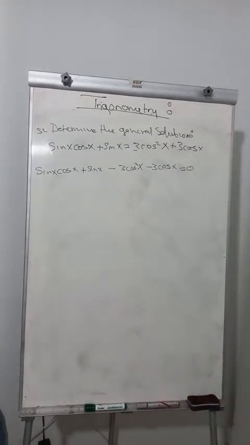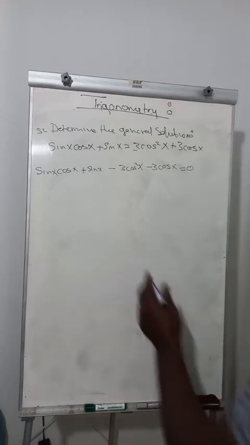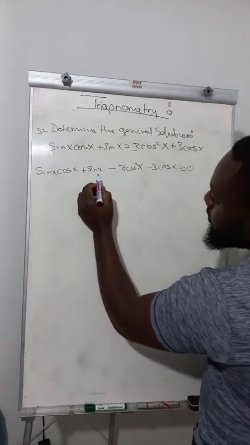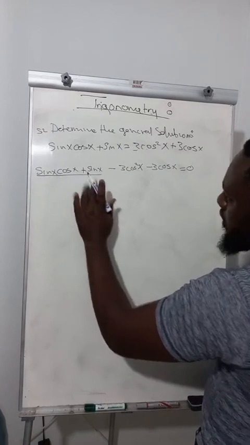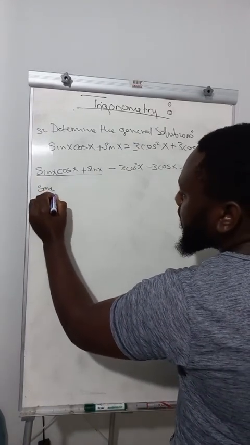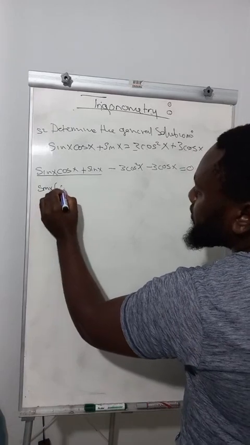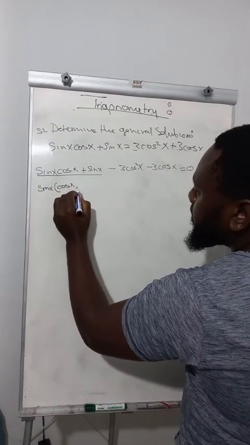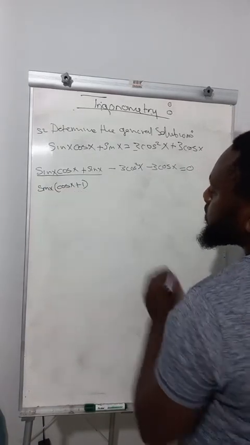Now look at something here. Do you see that it's possible for us to remove a common factor? Remove a common factor of sine x here, you'll be left with cos x plus 1.